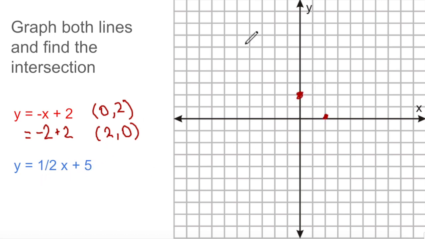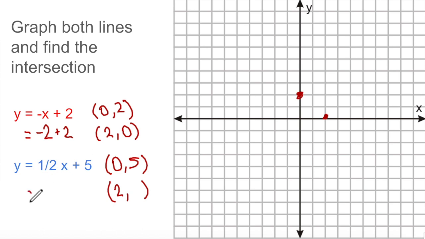Now let's find 2 points on the other line. So 5 is the y-intercept, so (0, 5) is 1 point on the second line. And we'll find a second one that has 2 for x, and we'll figure out what y is.